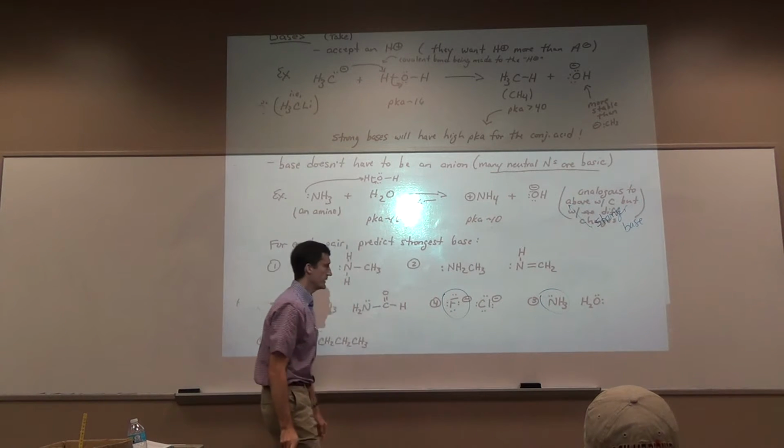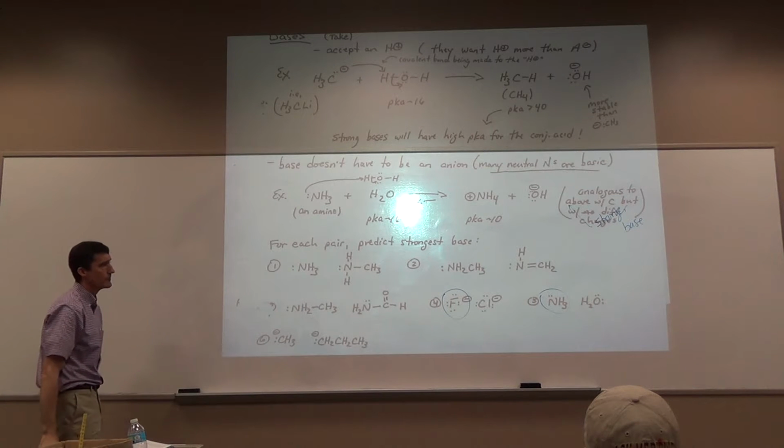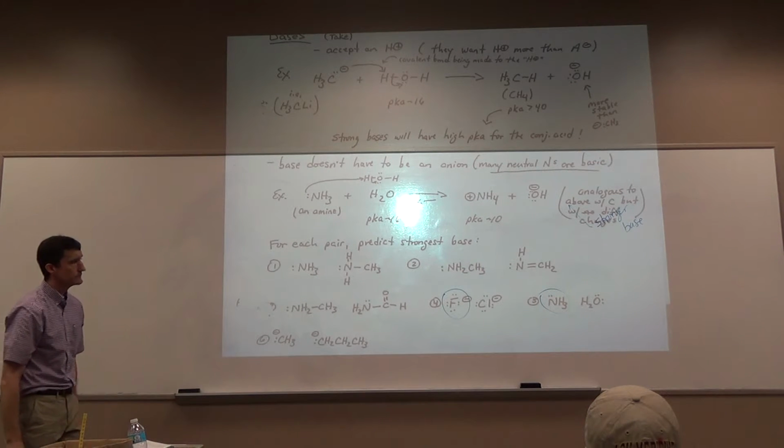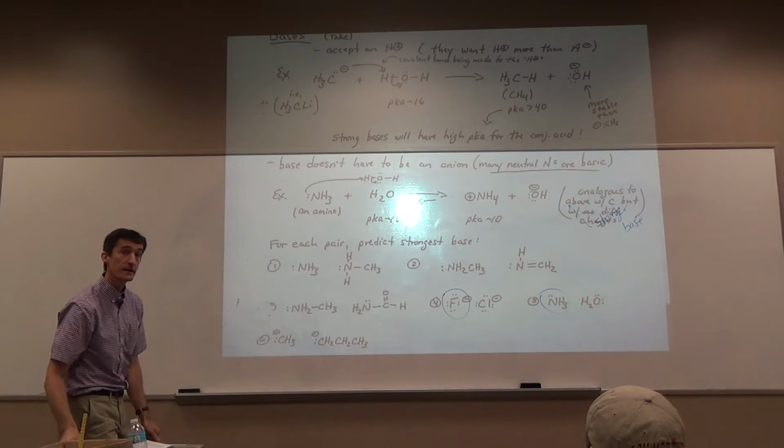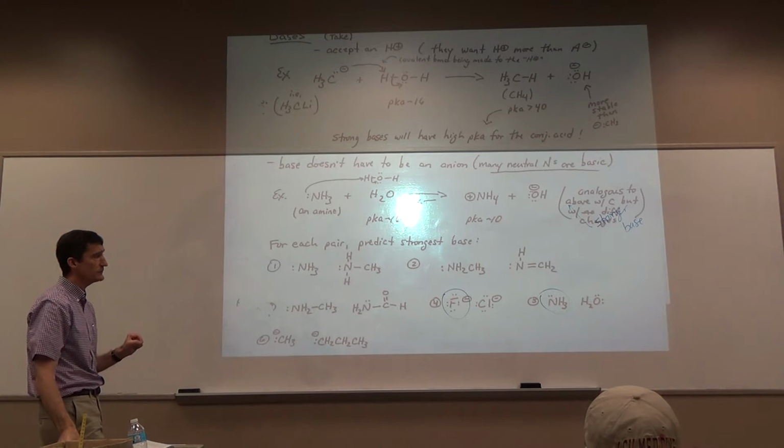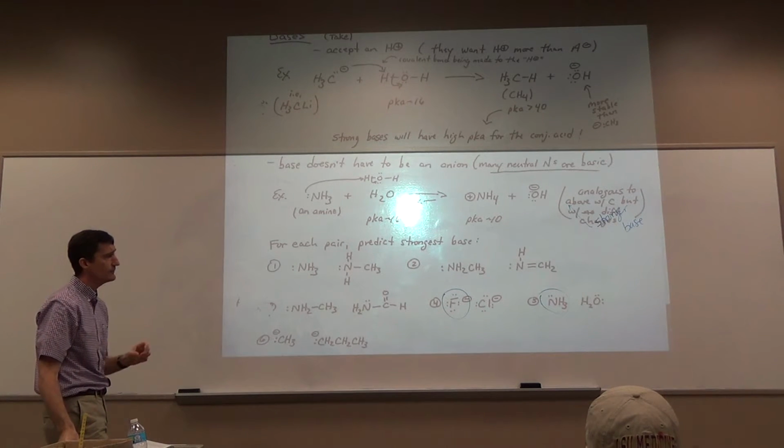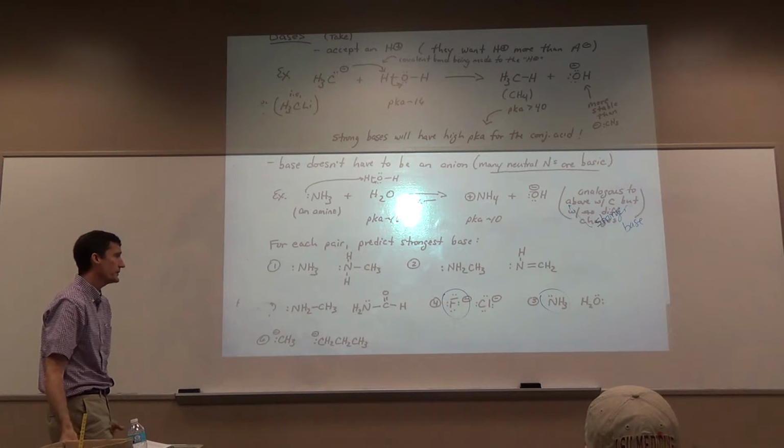Ammonia is a stronger base. In fact, ammonia is a pretty good base. Like we said, an sp3 nitrogen is about the only neutral compound that's a good base. Water is not a good base.